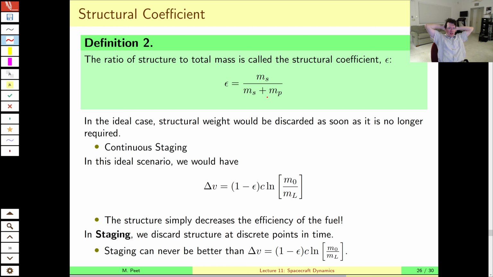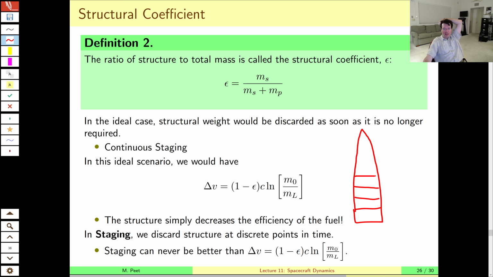So ideally, if you had an infinitely staged rocket, that's the ideal, right? We have a rocket like this, and our structural weight is only tanks. So in the ideal case, we have an infinite number of tanks, and each of those tanks has a little bit of structural weight determined by the structural mass fraction.